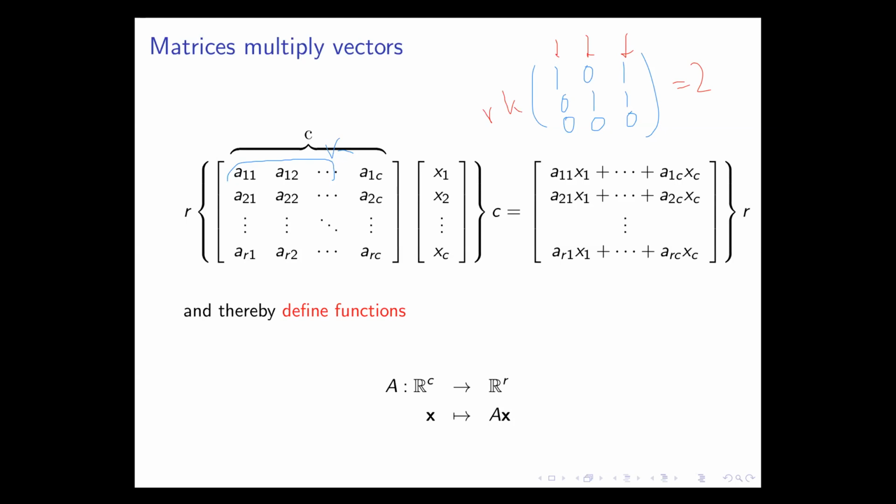Does it answer the question? So for example, my matrix, one like this one, has rank 3 because it has 3 linearly independent vectors.